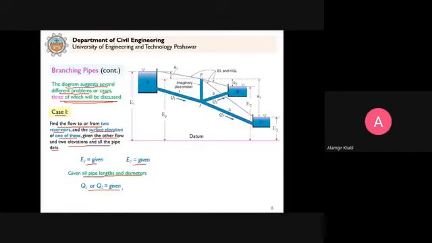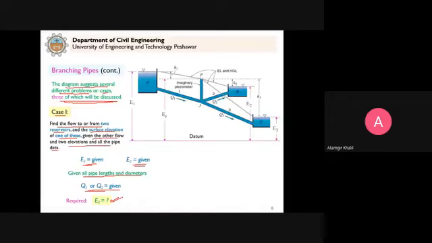So if the elevations of the water surface in the two reservoirs are given, then the discharge for one of them is given, Q1 or Q2. This is a case 1 problem, and it will be required to calculate the elevation of the third reservoir.